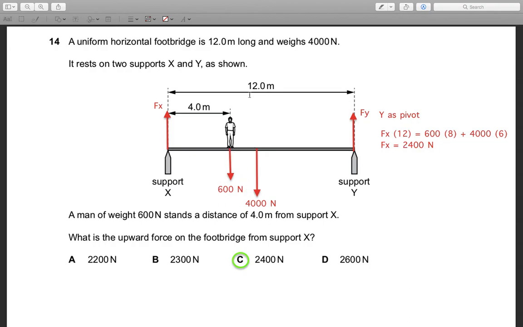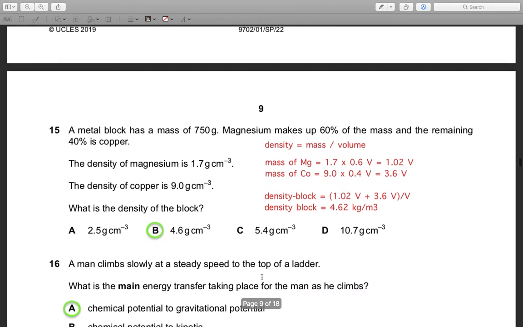This 8 is 12 minus 4, the distance between the man and the pivot. And the weight of the bridge, 4000, times 6, which is half of 12. So we calculate 600 times 8 plus 4000 times 6, divided by 12, equals 2400 newton. So the answer is C, 2400 newtons.